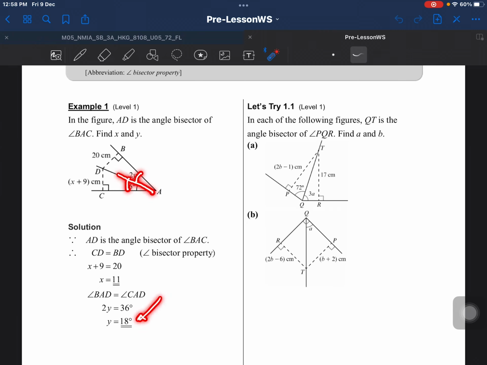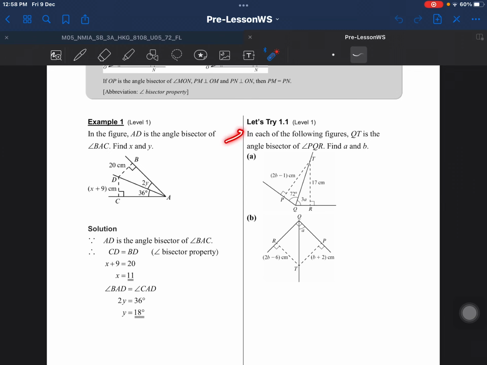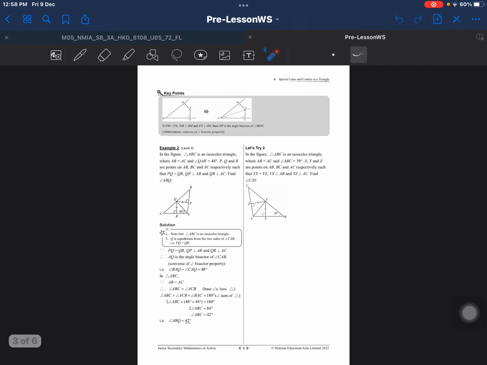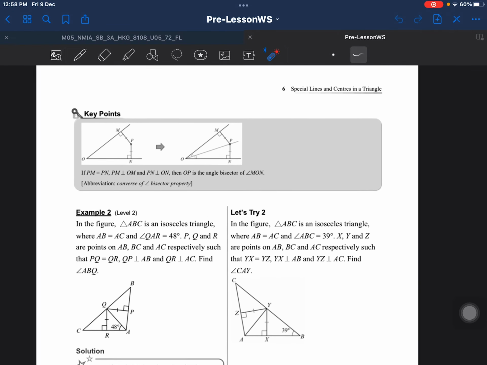So you can also easily find the value of Y, all right? So you should try to calculate A and B for this part. And then let us turn to the other page.